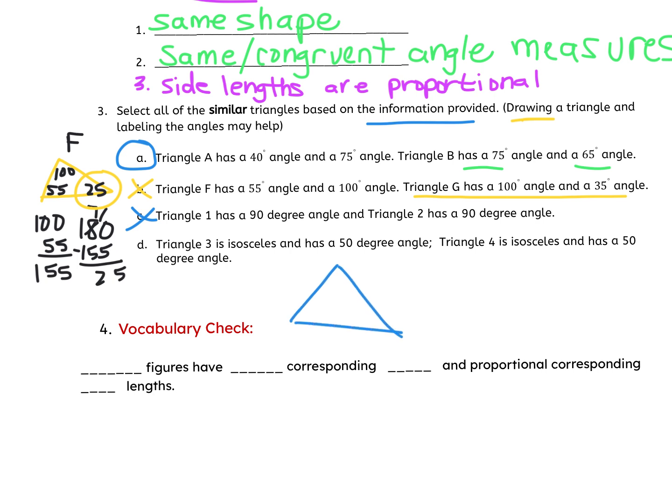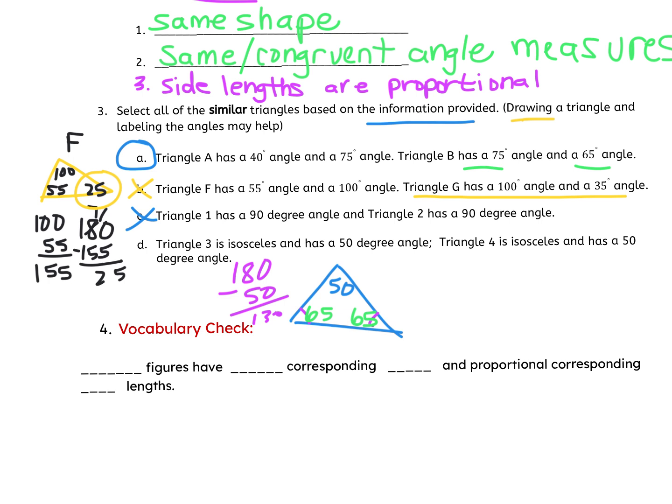So if we had 50 here, and then these two are the same, that would be 180 minus 50, which would be 130. And then I'd have to divide 130 into two equal parts. So these would both be 65 each.